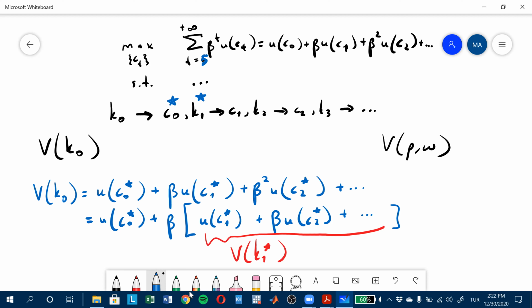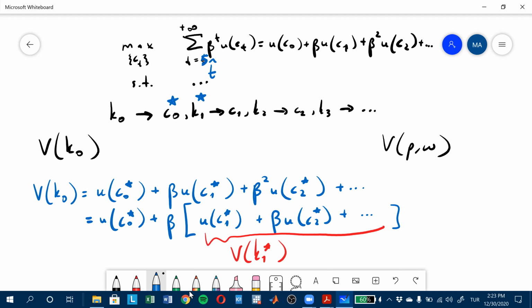It can start at any time t hat. So I am assuming that this is the maximized value, and if I choose C0 optimally, I have to be choosing K1 optimally as well.